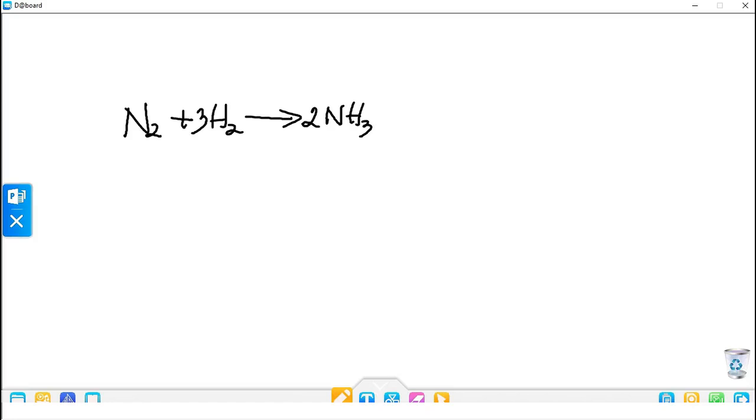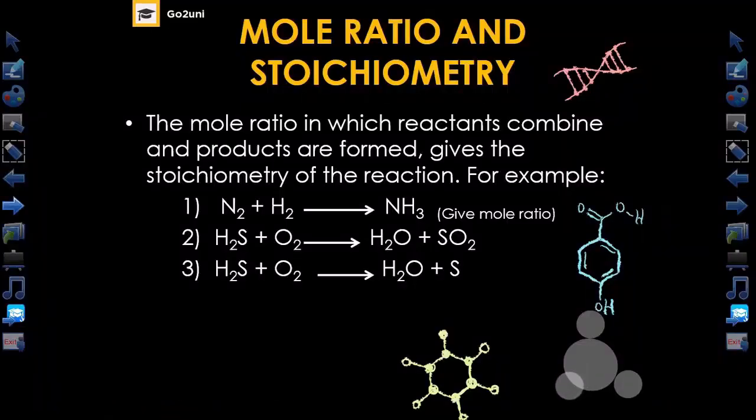It simply tells us that 1 mole of nitrogen, whenever ammonia is to be formed, will need 3 moles of hydrogen, and that will give us 2 moles of ammonia. So hydrogen is always in a mole ratio of 3:1 with nitrogen in any given reaction between hydrogen and nitrogen to form ammonia. Looking at the second equation, between hydrogen sulfide and oxygen, the equation isn't balanced and ought to be balanced.